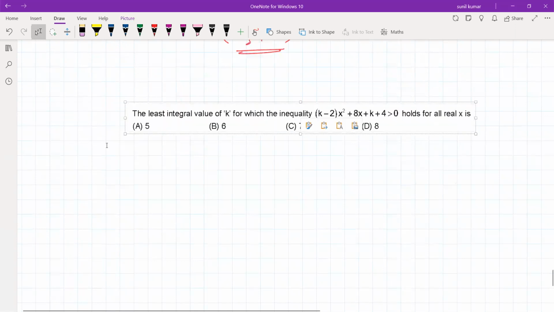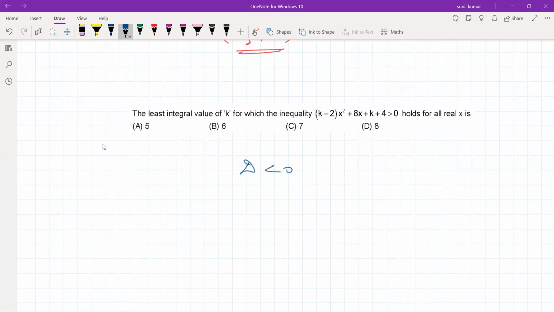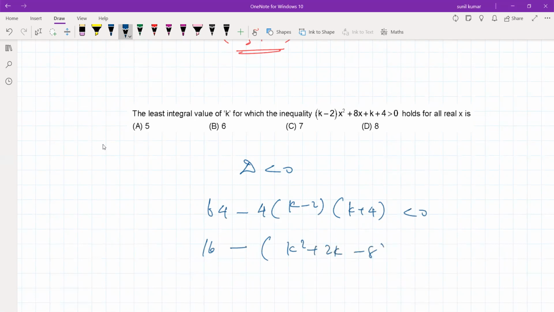Here the expression is positive. So expression positive means discriminant negative. So 64 minus 4 into (k minus 2) into (k plus 4) will be negative. So dividing by 4, this is 16 minus (k square plus 2k minus 8) less than 0.